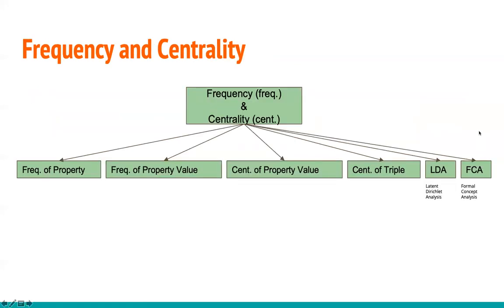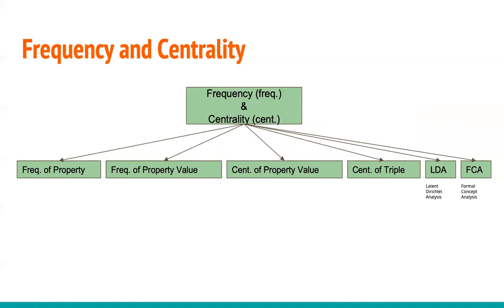So frequency and centrality, the first category we look at, we can break down into 6 different ways of measuring these features. So frequency of property, and then you can look at the frequency of the property value.